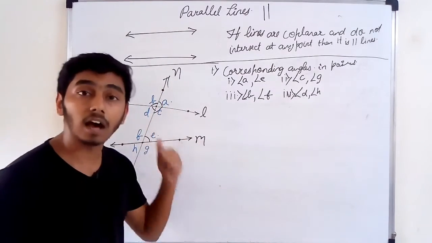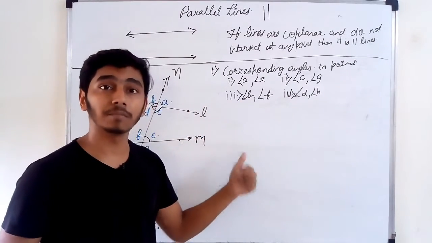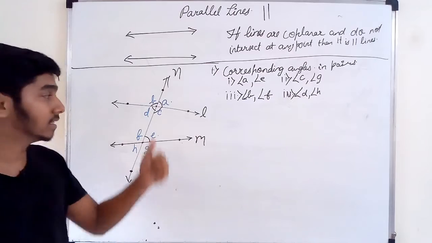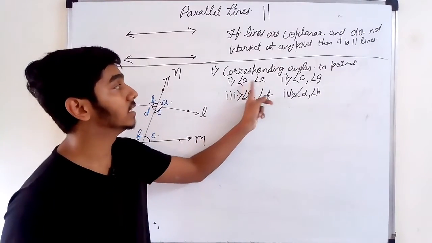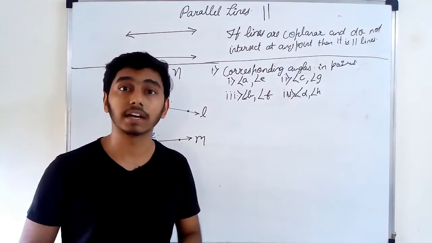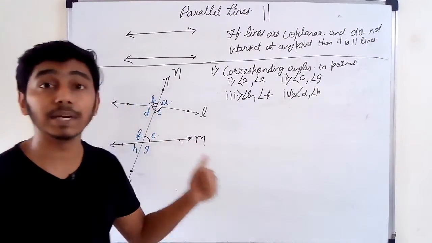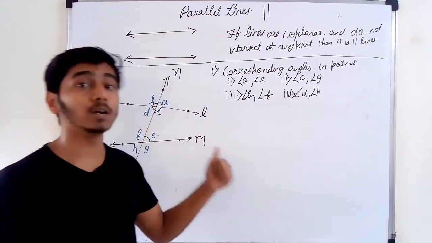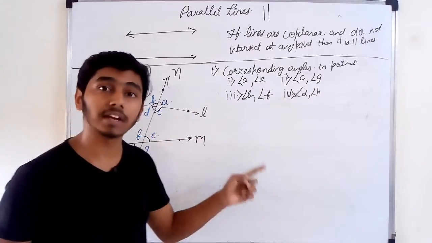We are looking at the types of angles one by one, and then we'll see, when the lines are parallel, what the relation is between these corresponding angles, alternate angles and all. So watch this video till the end. You will be able to understand each and every concept about corresponding angles, alternate angles.